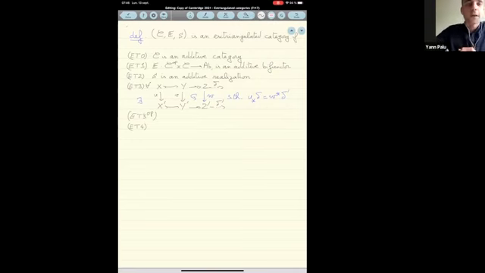And now the last axiom is the equivalent of the octahedral axiom for triangulated categories, or for exact category, the third Noether isomorphism theorem.